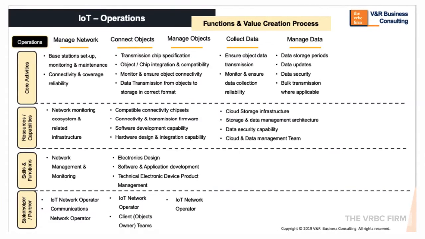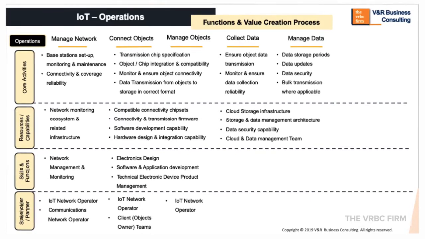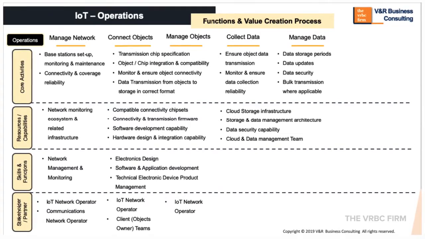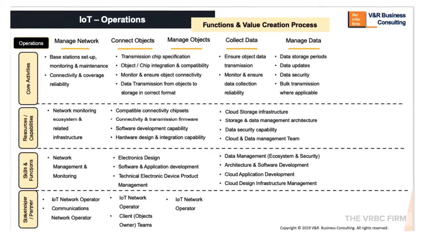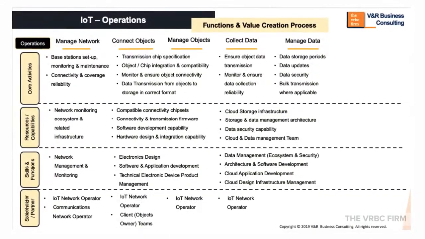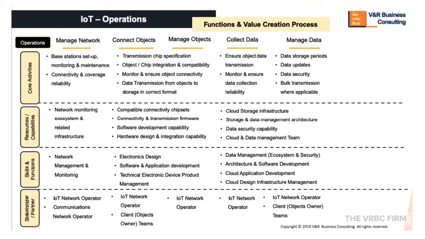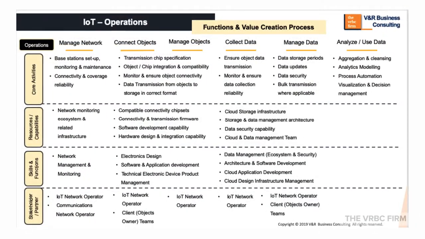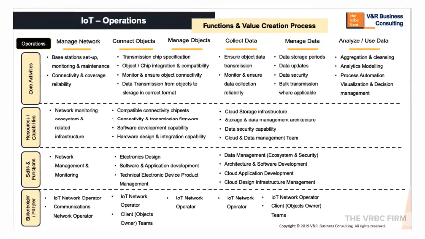There's the global cloud storage on the network operator's side, and then a data ecosystem and related storage on the client side. Lastly, the analysis, insights extraction, process automation, and other related activities.